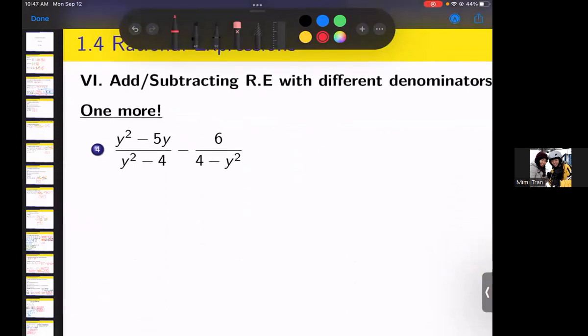A little bit. It's not difficult. It's just something you might look past. So if you notice that the denominator, they kind of almost, right?